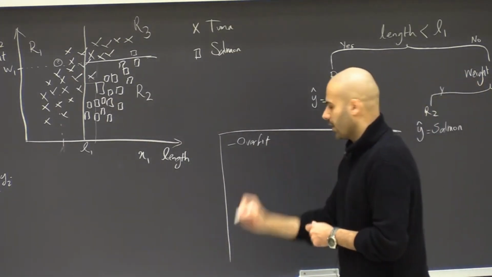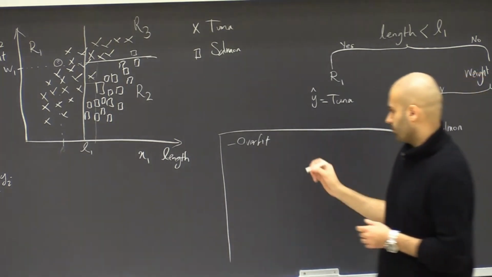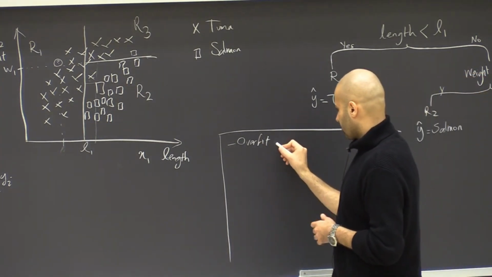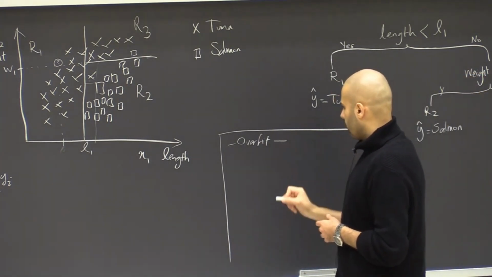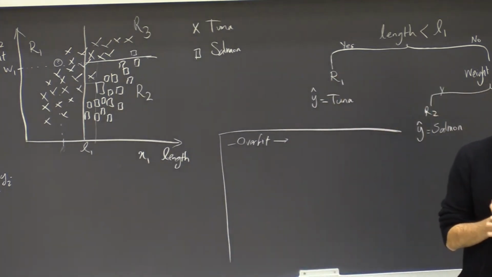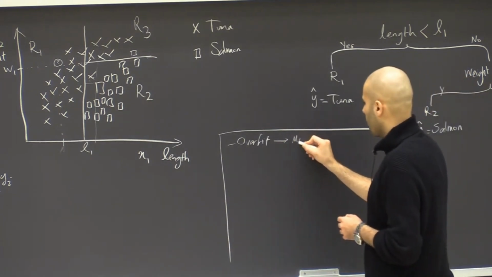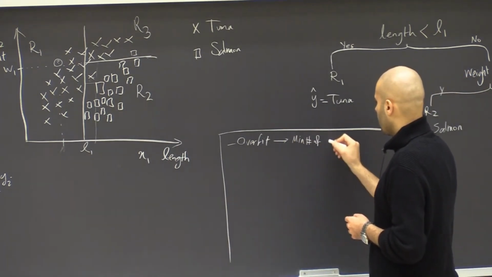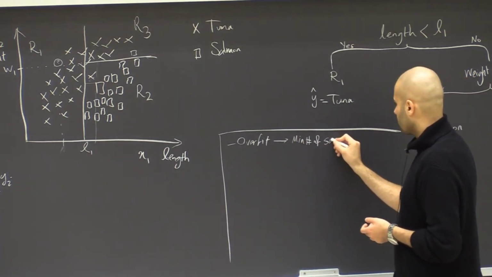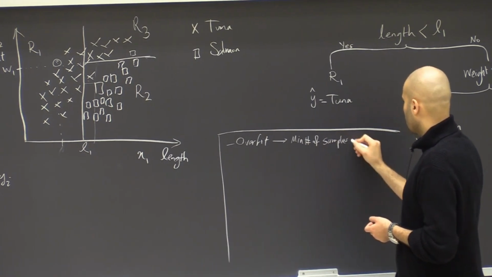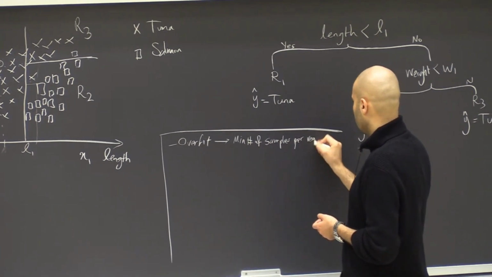So one issue is overfitting, and for preventing overfitting, there are a couple of ideas. One idea is to have some minimum number of observations per region. Let's say a minimum number of samples per box or per region.